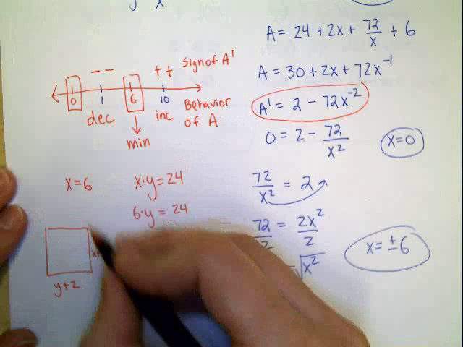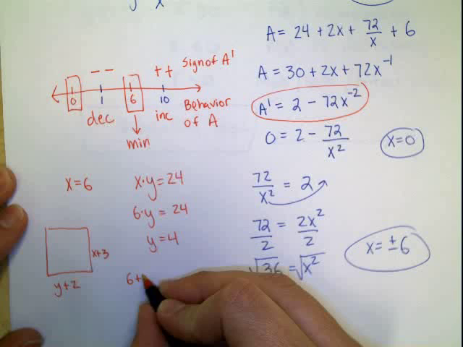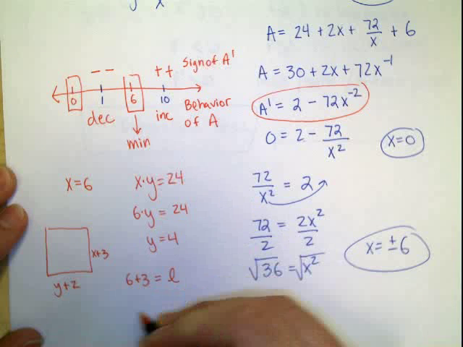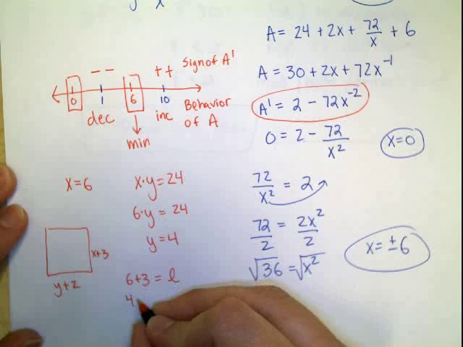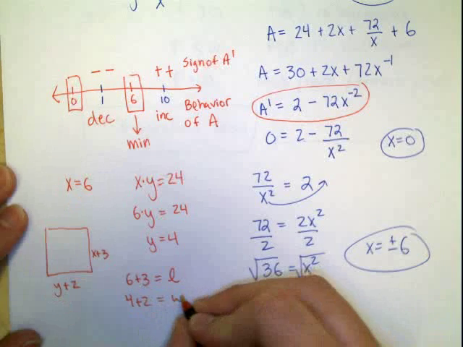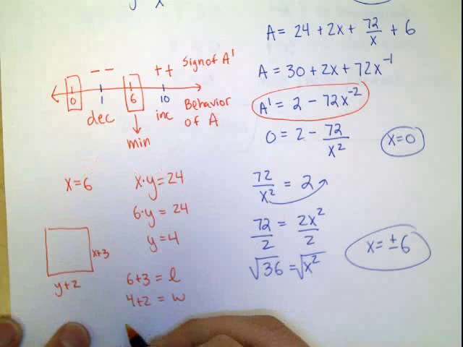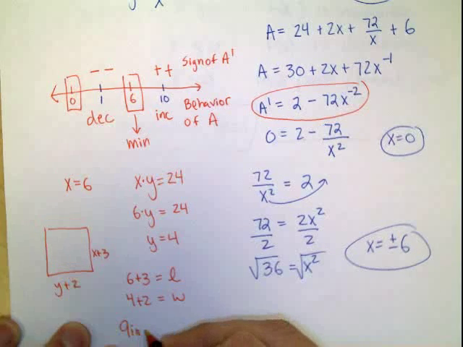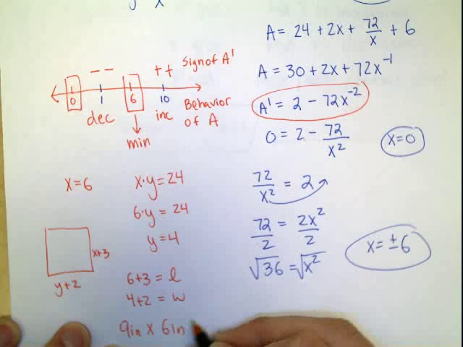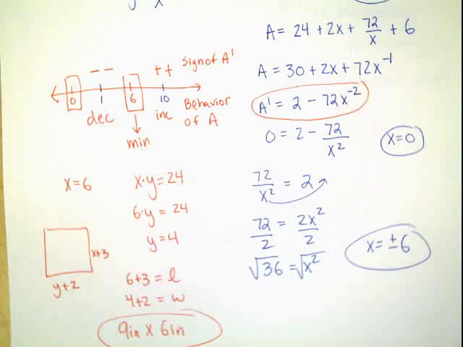So if x is 6, we're going to do 6 plus 3 is the length of the page, and if y is 4, 4 plus 2 is the width of the page. So I'm going to get 9 and 6. So this page is 9 inches by 6 inches in dimensions. So that's my length and my width of my paper, 9 by 6.